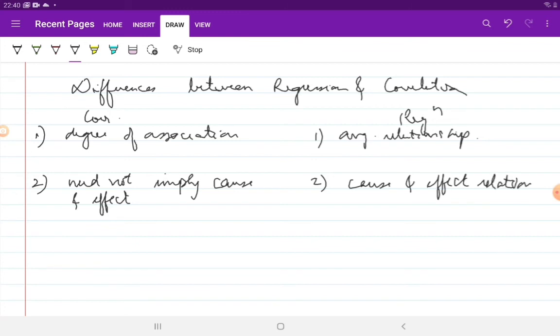You regress x on y or y on x depending on which you consider to be the causal factor and which you think is the effect that is observed. So whereas correlation measures the degree of relationship, regression has a look at the nature of the relationship between the two.